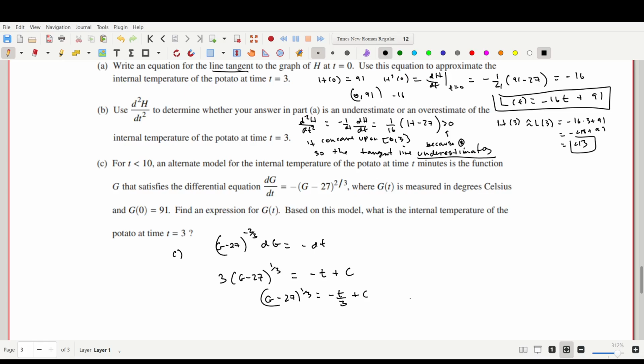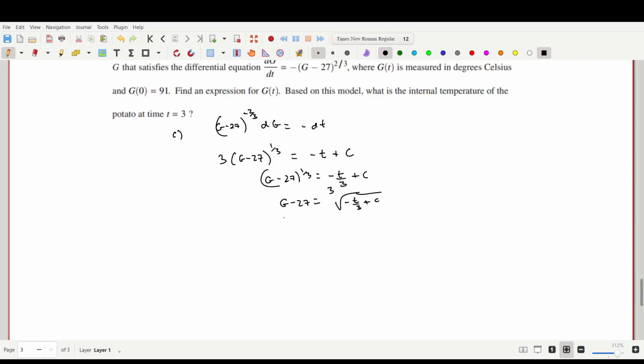And then cube it. G minus 27 is negative t over 3 plus c, cubed, and then you add 27. You've got to find c now.